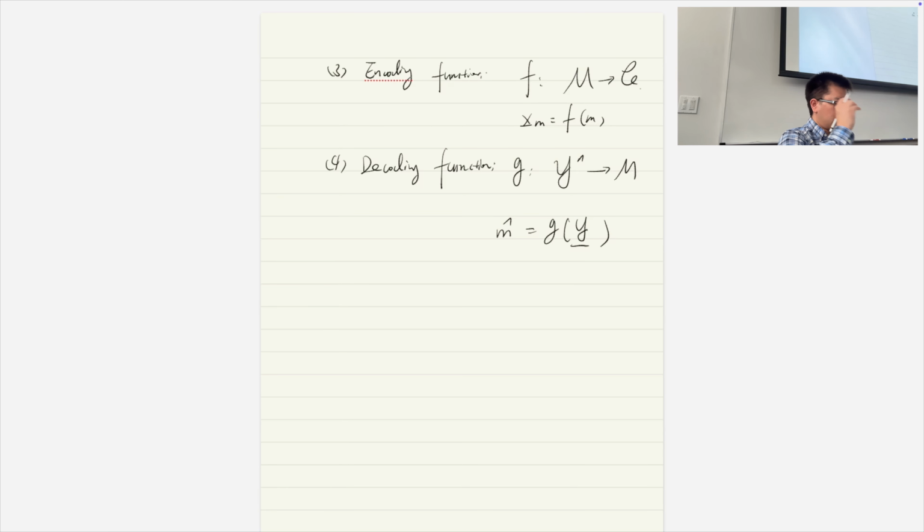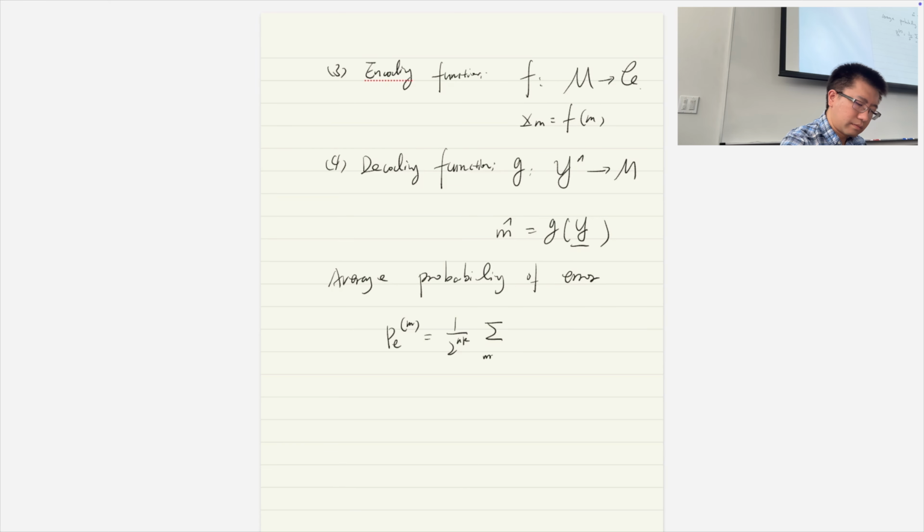Okay, so the only difference here is that we have a power constraint, right? So now the average probability of error is defined by this, and this is the error of message m given x^n is transmitted.